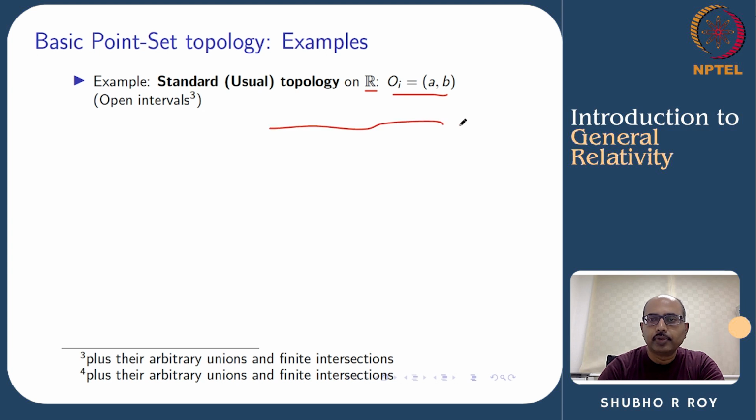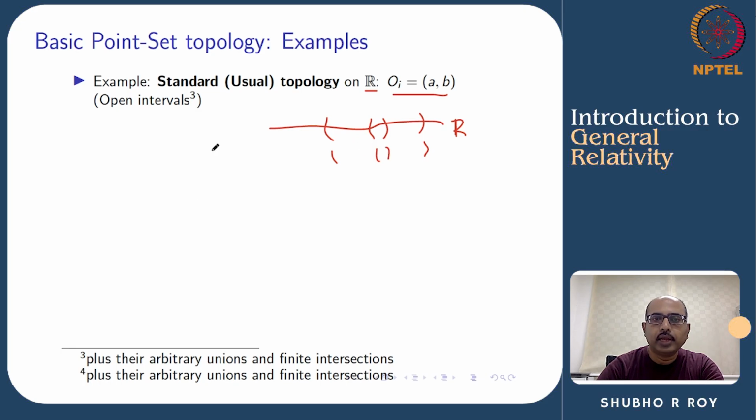So this is the real line R, and we take any arbitrary open intervals and we declare that to be an open set. Of course, open sets must satisfy the criteria that any arbitrary union should be included. So if we take two such intervals, then the union and the intersection of these two should also be included.